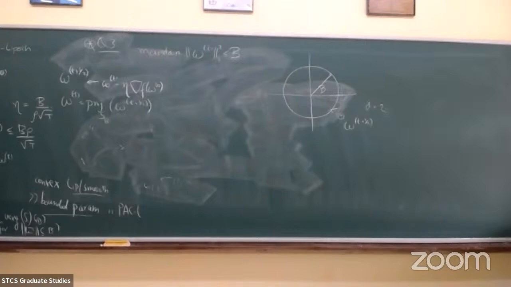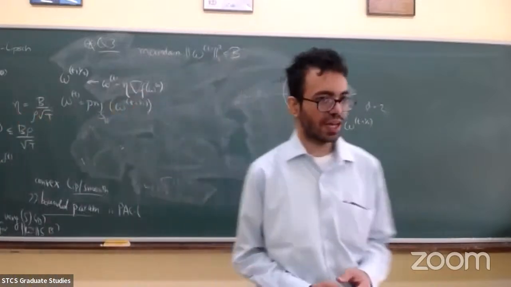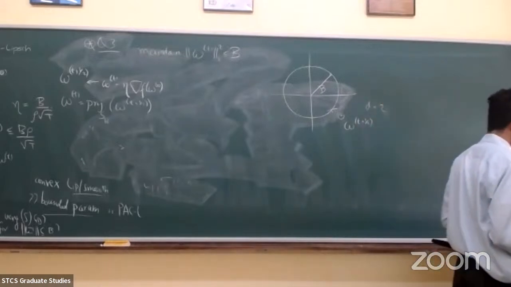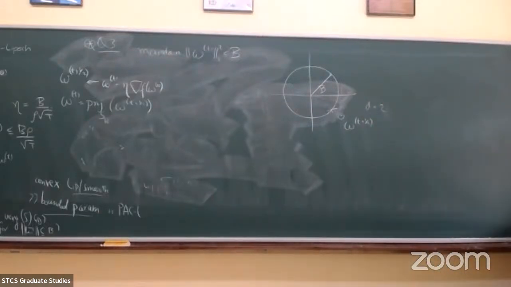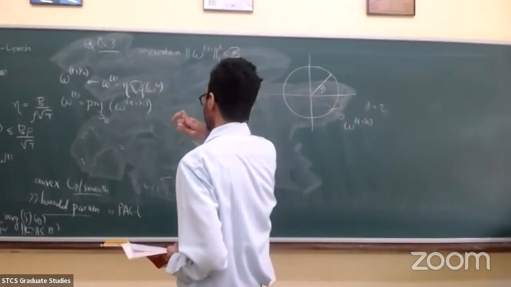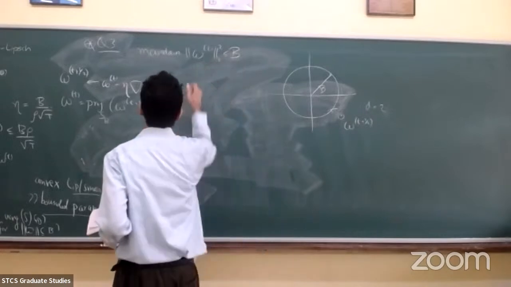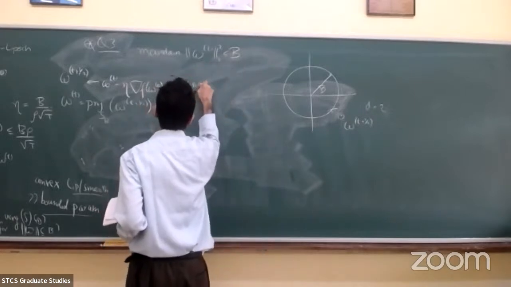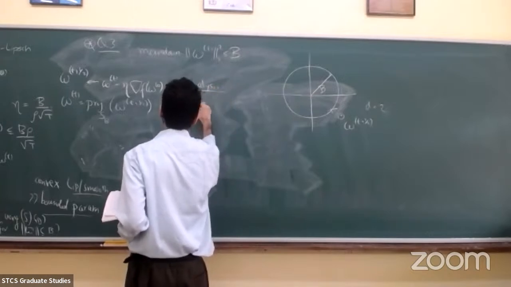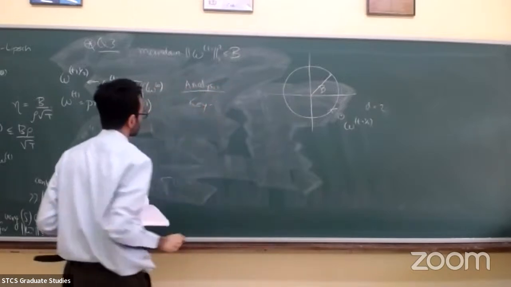The only question is what happens to the analysis, because now I'm also updating this. It is kind of interesting how the analysis changes. So here's the key thing to argue.